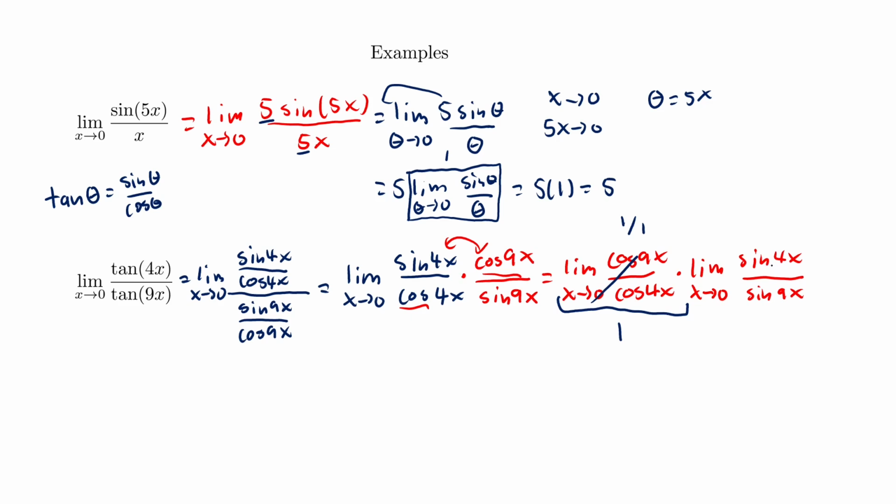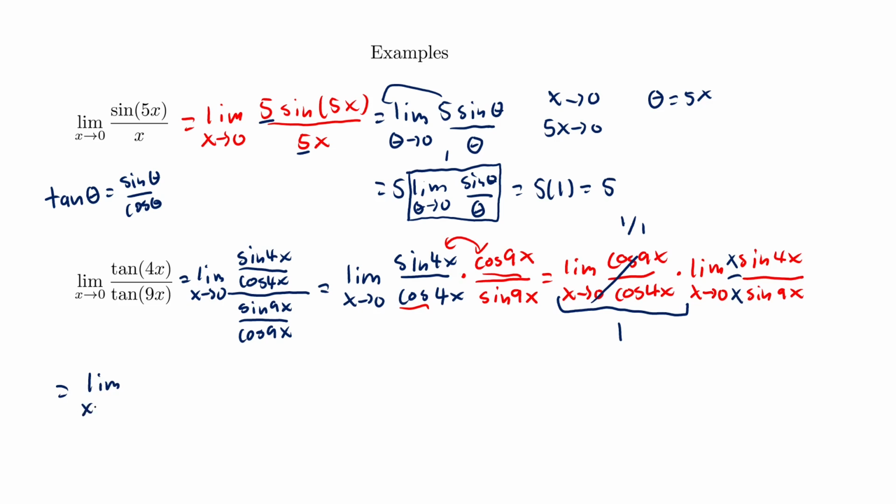The little trick that we're going to do here is multiply the numerator and the denominator of the second fraction by x, because we're looking for some kind of sine of something over x. When we do that, we can break this into two more limits.